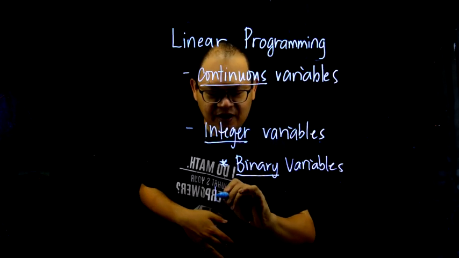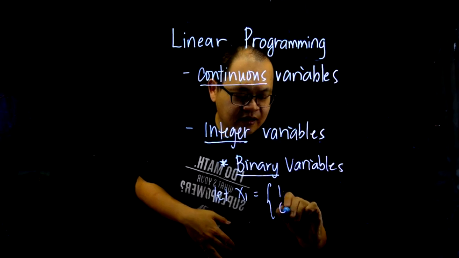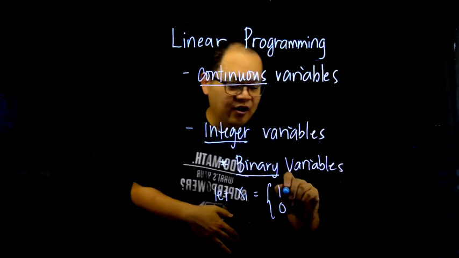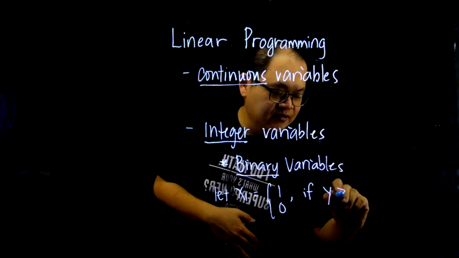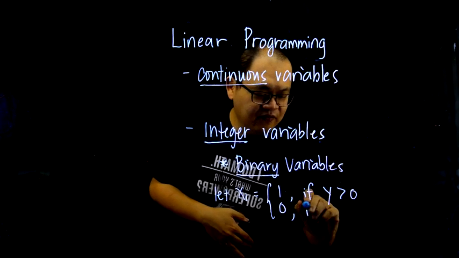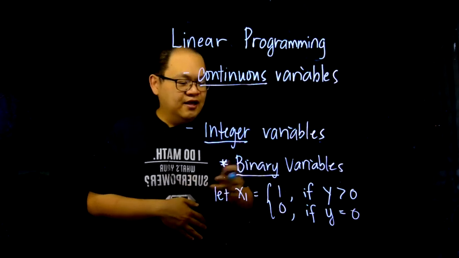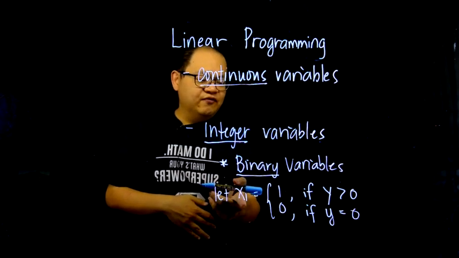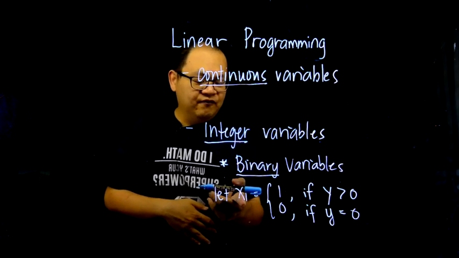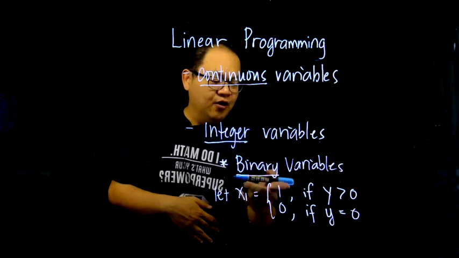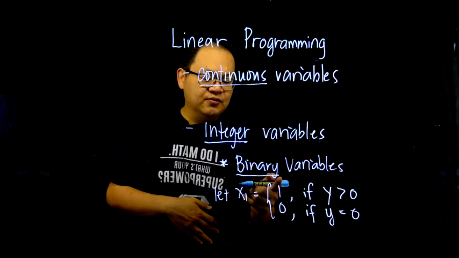So, for example, we let x1 be either 1 or 0, and 1 if, let's say, some variable y is greater than 0, and 0 if y is equal to 0. As you can see, x1 here we've defined to be a binary variable where the value of x1 can either be 1 or 0, 1 if y is greater than 0, and 0 if y is equal to 0.